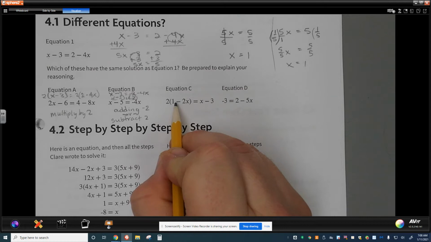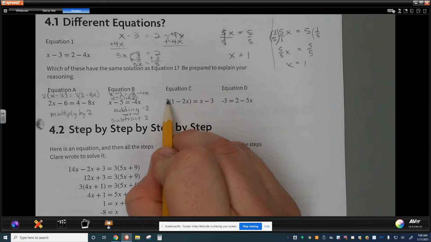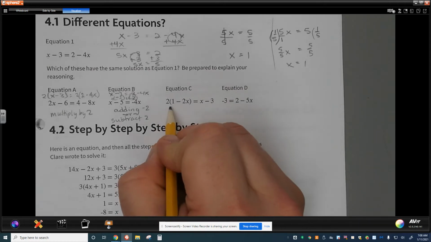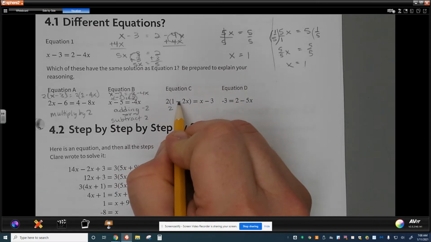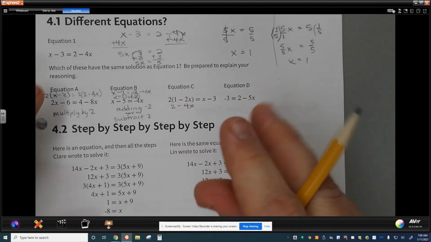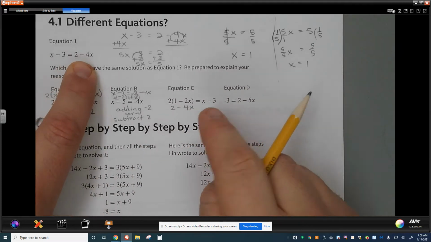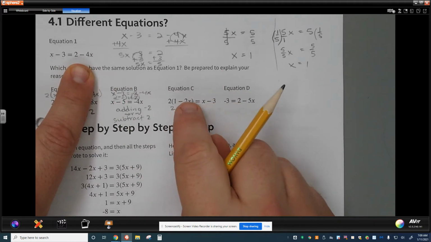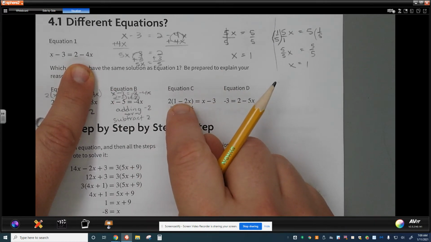Is it possible? If I go ahead and distribute this back out, 2 times 1 is 2, and 2 times a minus 2x is a minus 4x, and I see that I have the exact same expression as the original equation. They did what's called factoring.